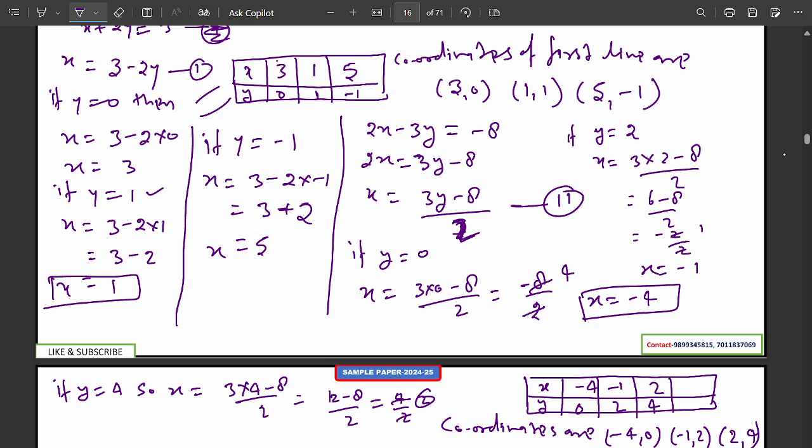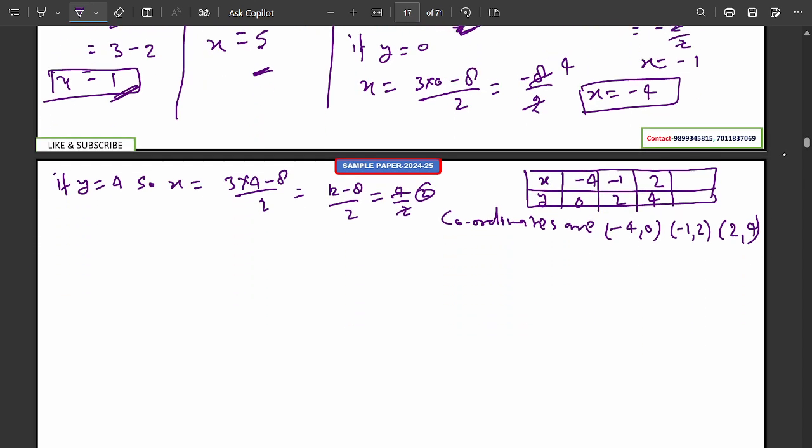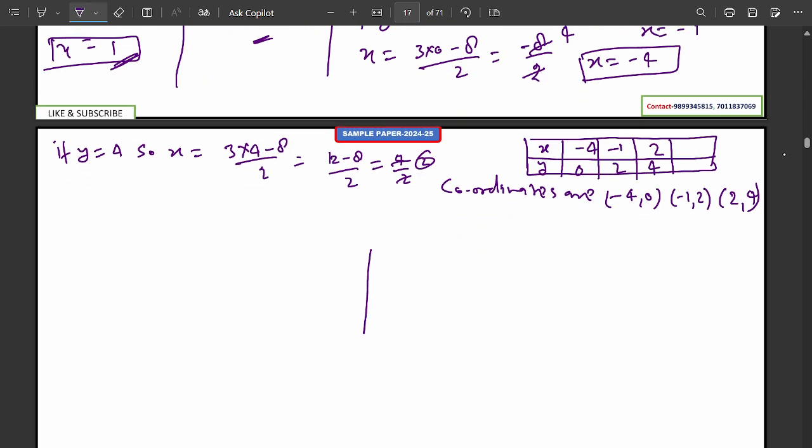For the first equation: y is equal to 0, x is equal to 3; y is equal to 1, x is equal to 1; y is equal to minus 1, x is equal to 5. So there are 3 values, and you can draw the graph for this. You can only draw this on graph paper, so it will be very easy for you.